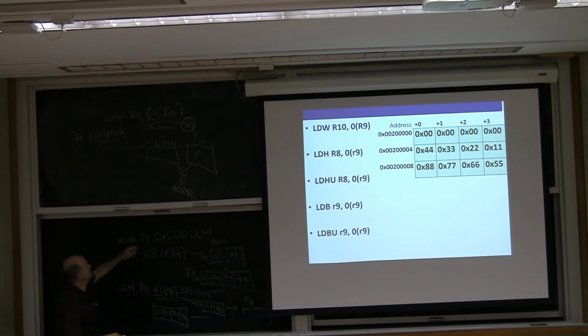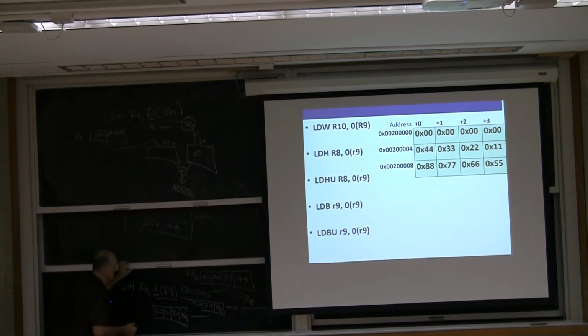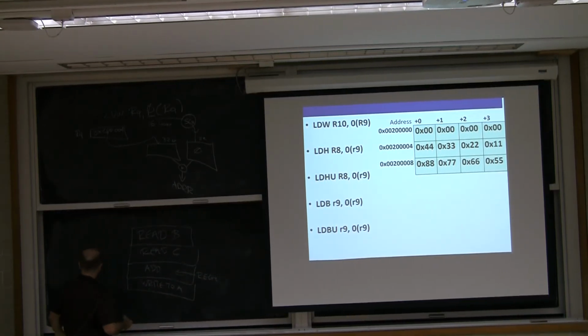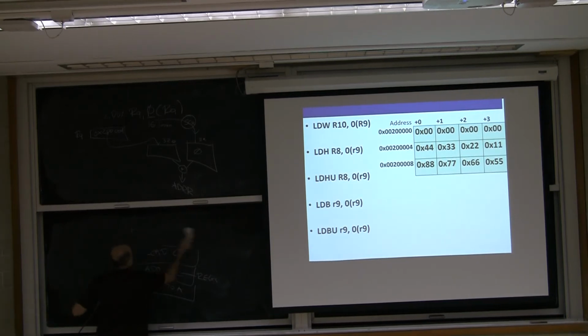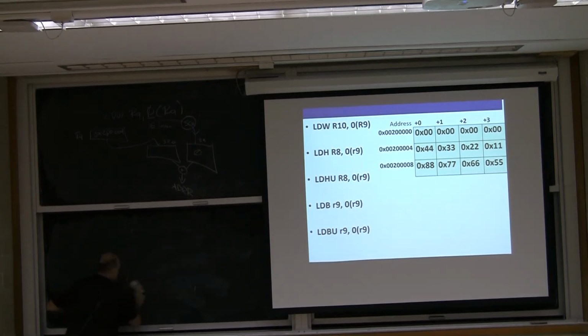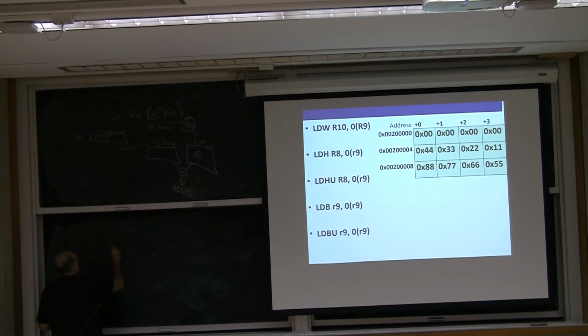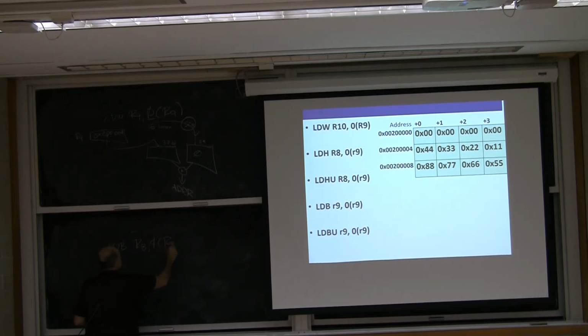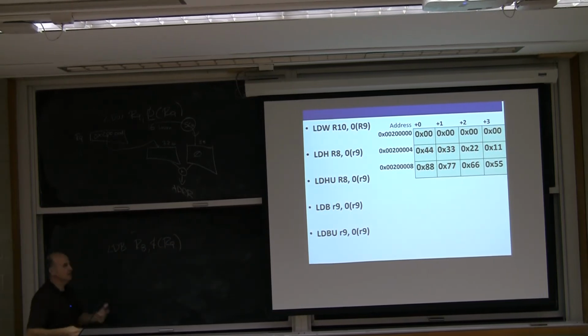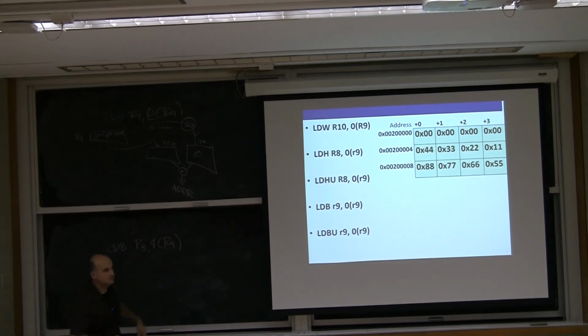Now let's do one final example that hopefully is going to illustrate the point. Where is my favorite thingy? Yes, this is the favorite thingy. So, ta-da. Let's do load byte R8 for R9. All right, now I'm very happy with myself. This is going to go to location 200,008, right?